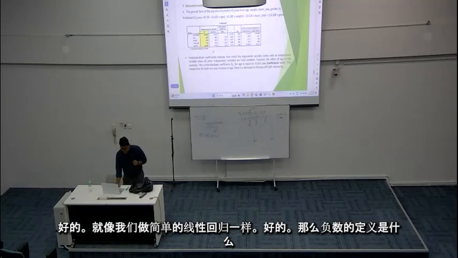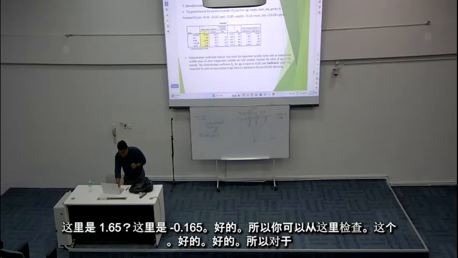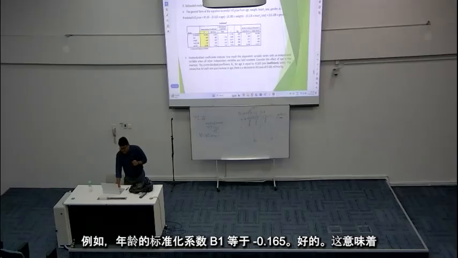So what is the interpretation of the negative 0.165 here? You can check from here. For example, the unstandardized coefficient B1 for age is equal to negative 0.165.